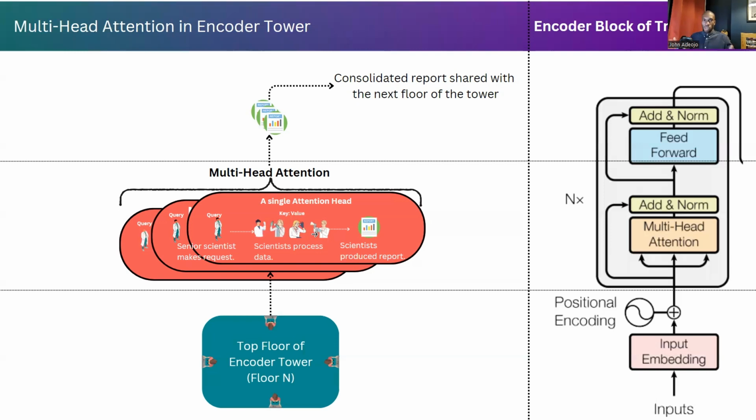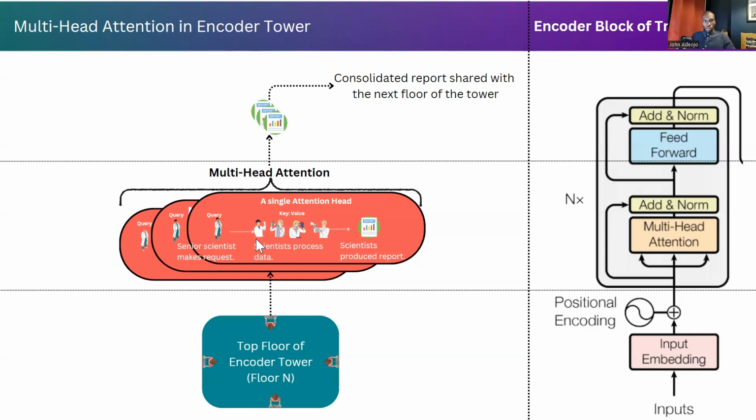So different teams of scientists might be making different queries and performing different analysis on the same data that they receive from the top floor. So the operation is starting to get quite complex, as you can imagine. We have not just one team of scientists here, but several teams of scientists. And that makes up our multi-head attention.